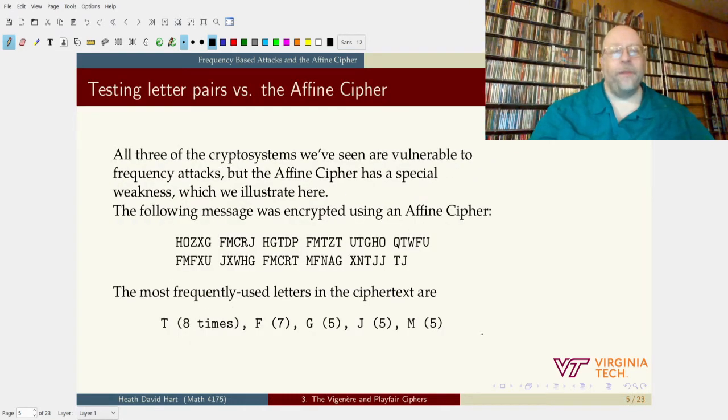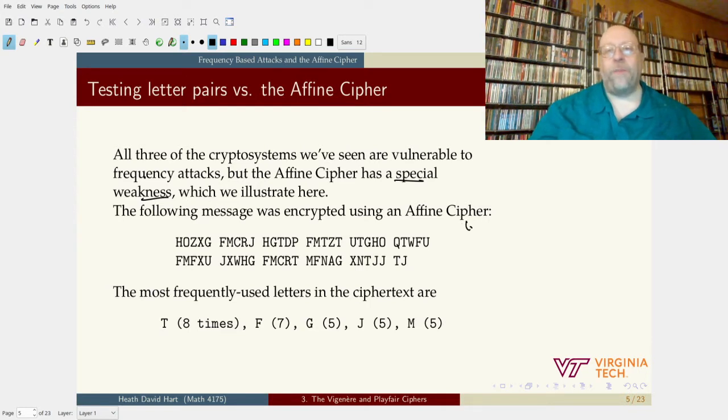Okay? So frequency-based attacks is one attack that we can use. We have a second attack that we can use for the Affine Cipher. All three of the crypto systems we've seen are vulnerable to frequency attacks, but the Affine Cipher has a special weakness, which we illustrate here. I have this message, and it was encrypted using an Affine Cipher.